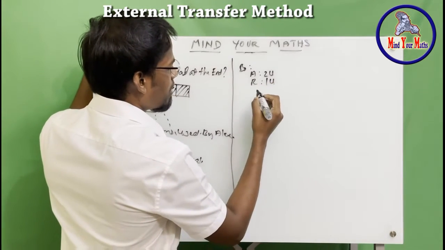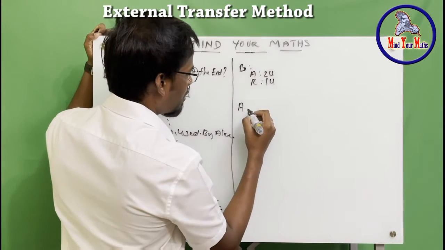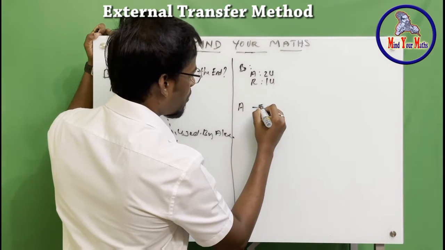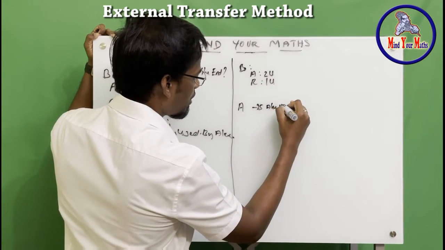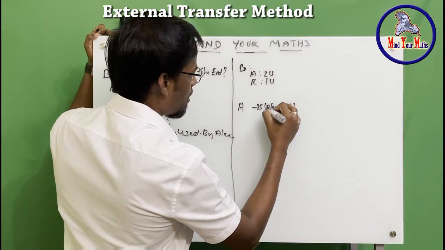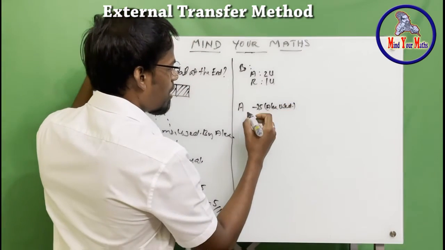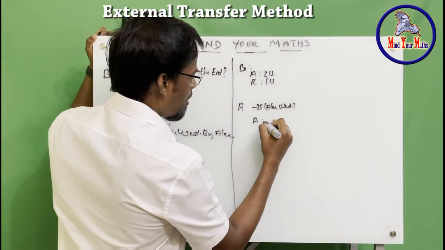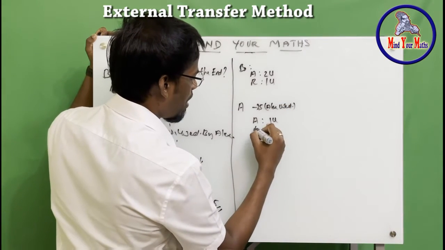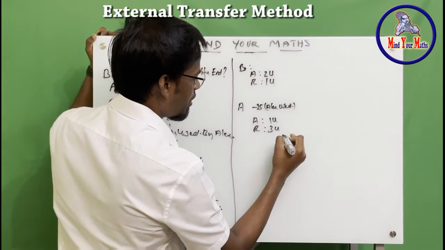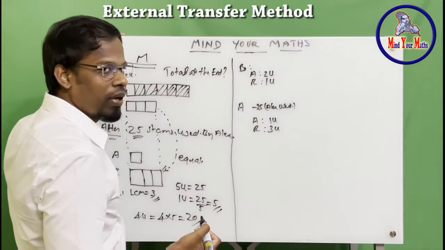After the 25 that Alex spent, Alex became 1 unit and Ravi had 3 units.